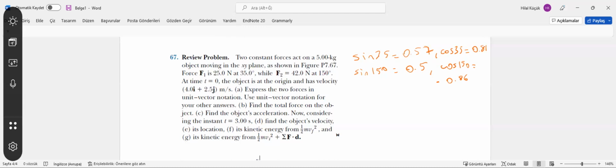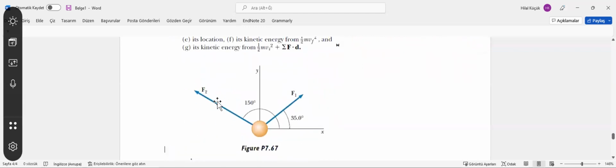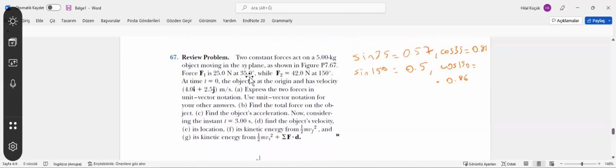Two constant forces act on a 5 kilogram object moving in the xy plane as shown. What's our picture here? And it gives some information. At time t equals 0, the object is at the origin and has velocity. This one is my velocity.